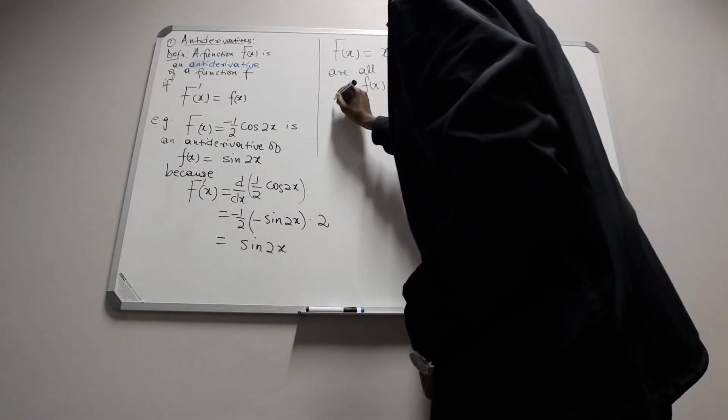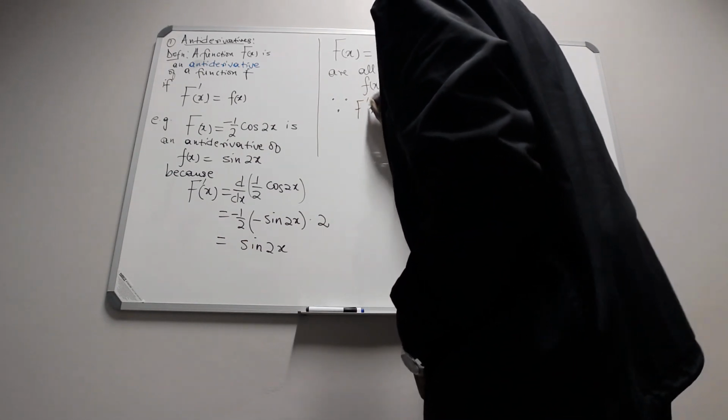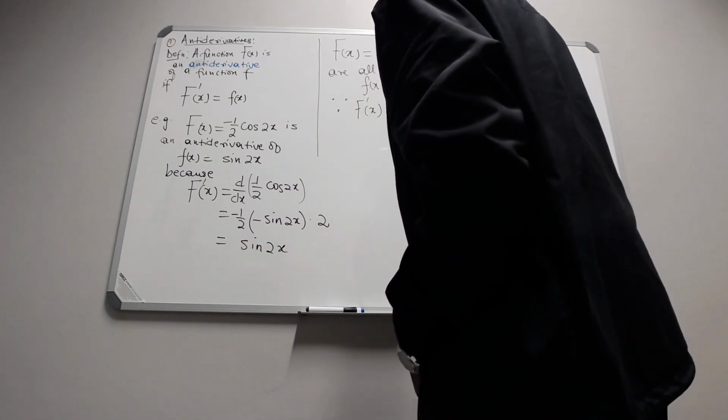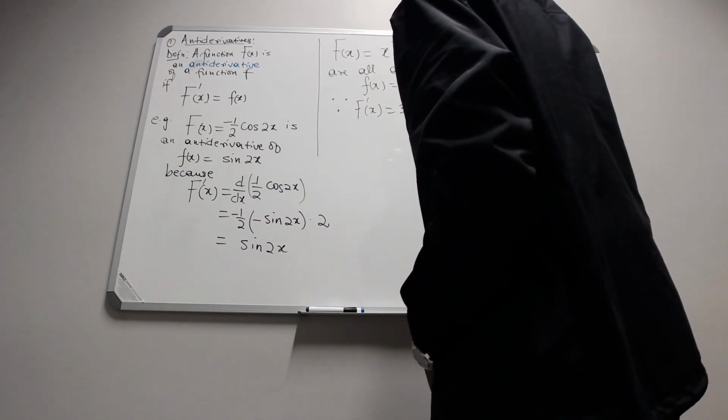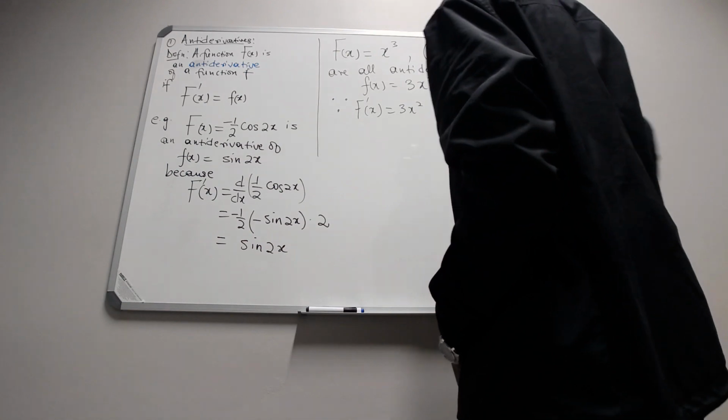Why? Because if you take f prime of x, you get 3x squared. You take g prime of x, you get 3x squared.